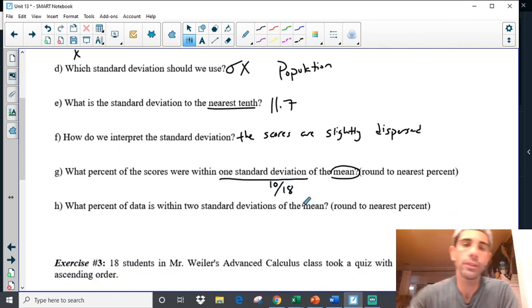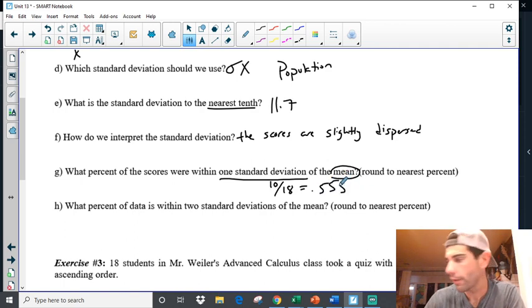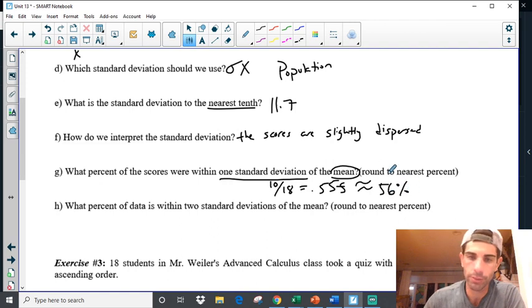Now, if you messed up on your rounding, you might have counted the 72, and you would have said 13 out of 18. So sometimes you just have to be a little bit careful. So you're going to have 0.555 repeating, so 56%. So again, it's just dependent on your rounding. Maybe you had a decimal somewhere.